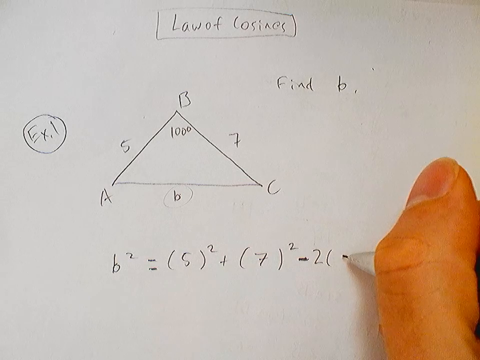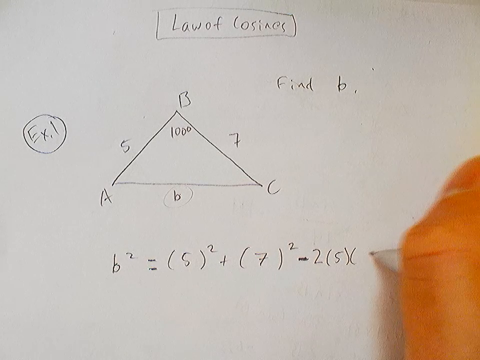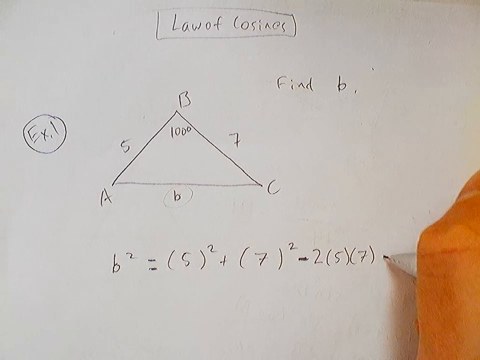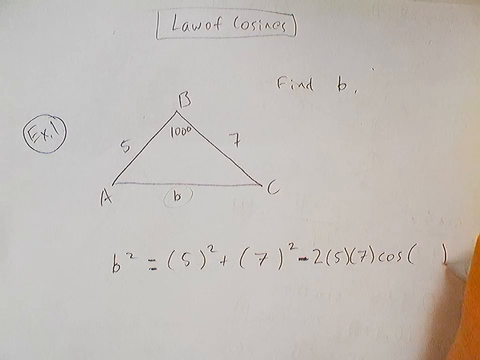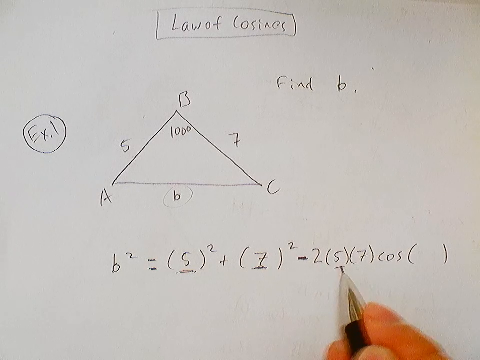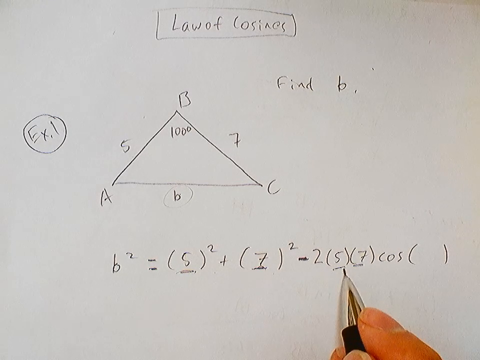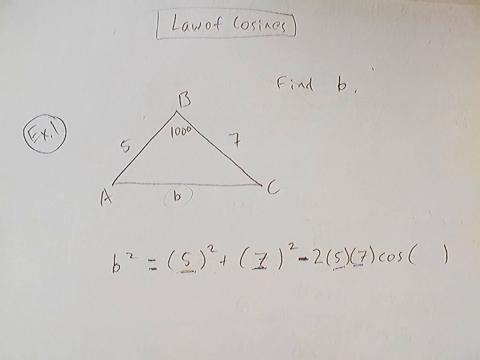So next up, we've got minus 2 times the product of those two sides, 5 and 7. Another thing to point out, these two sides will always repeat. So the same numbers that go in these parentheses will be the exact same numbers that go in these parentheses in every problem.